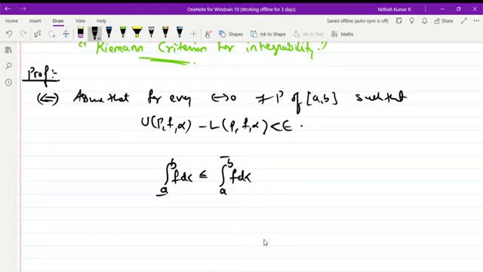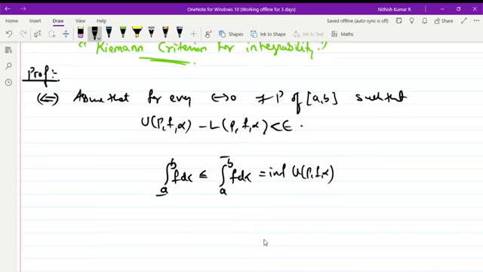Now, what is this upper Riemann-Stieltjes integral? It is nothing but the infimum of U(P, f, alpha).